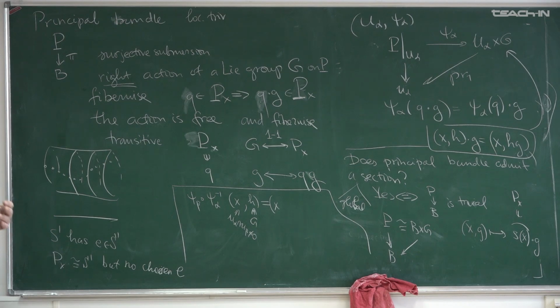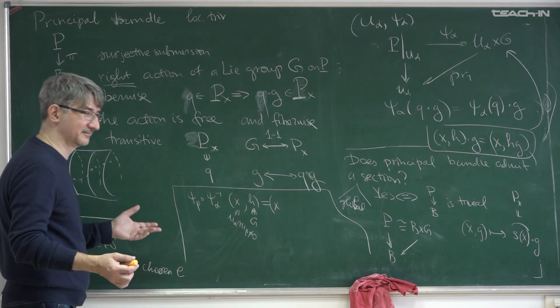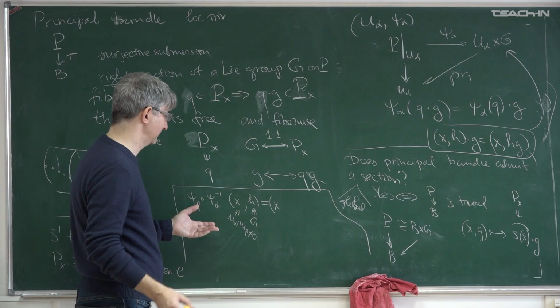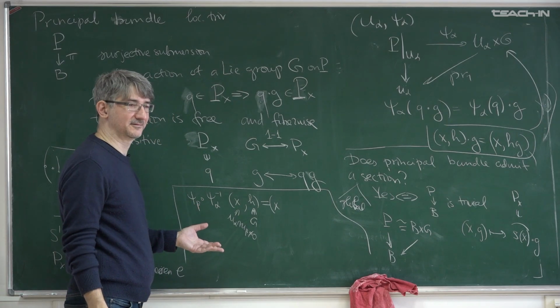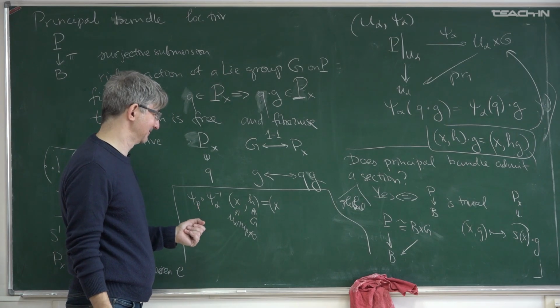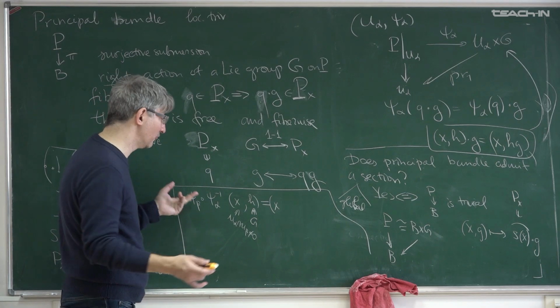There should be a group element, yes? And the map should be G-equivariant from the right-hand side. Okay? What is (x, h)? Very simple.